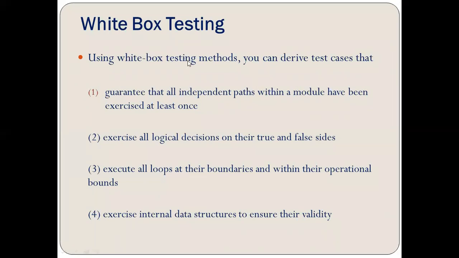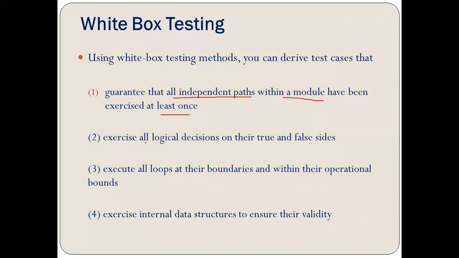Moving towards white box testing further. White box testing is a method in which you can derive test cases. What type of test cases can you derive? You can guarantee executing all independent paths within a module at least once. That means you have to make sure that you have executed all independent paths in a module at least once.